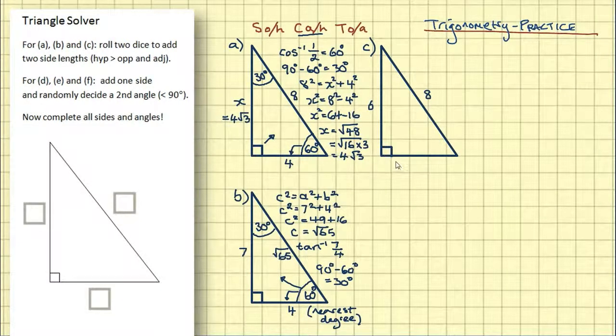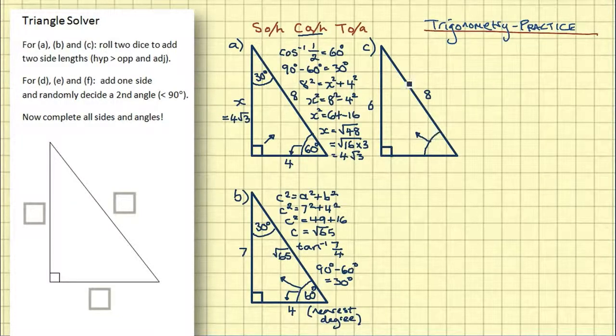Now for C. Okay, let's take a slightly different approach here, just to mix things up a little bit. Let's not go for Pythagoras straight away. Let's go for this angle here. And how are we going to work that out? Well, we've got opposite. Okay, let's just draw an arrow so you can see that very clearly.